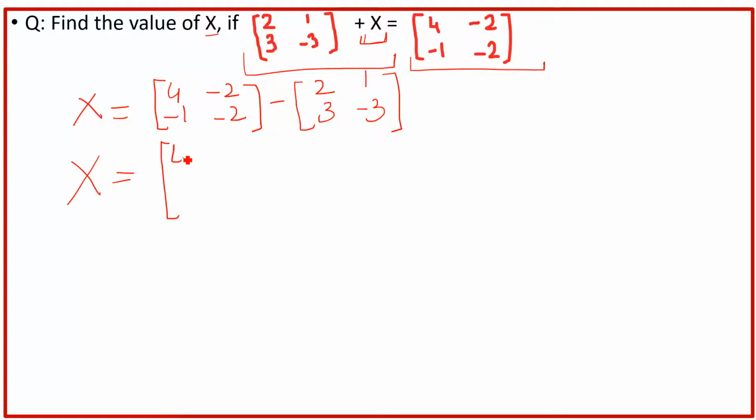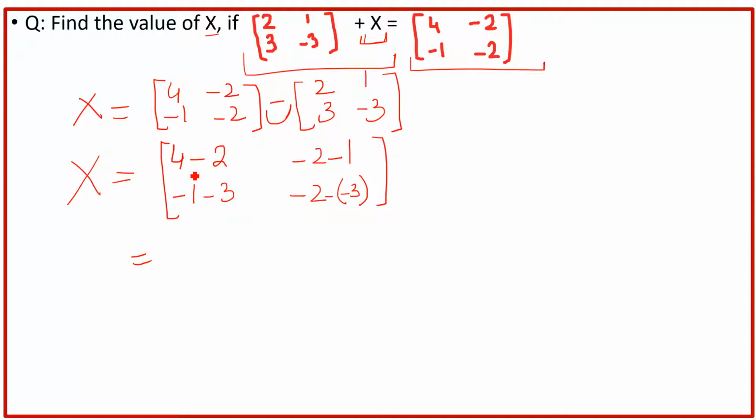Corresponding entries: 4, and then see, this is the minus sign. You have to use this sign, negative, and 4 is related to 2, so 4 minus 2. Then minus 2 and again minus, because this is negative, and then this is 1. Same thing with the next row: negative 1, negative 3, negative 2, negative, and see this 3 has also a negative sign, so negative.